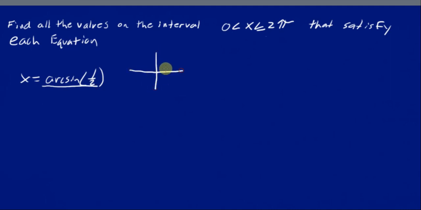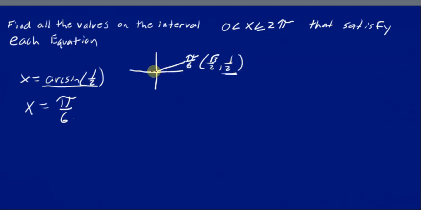Well, we just showed that pi over 6 has the coordinates √3/2 and 1/2. Therefore, the sine of pi over 6 is equal to 1/2, or the arc sine of 1/2 is pi over 6. But between 0 and 2 pi, that's not the only place that is true.